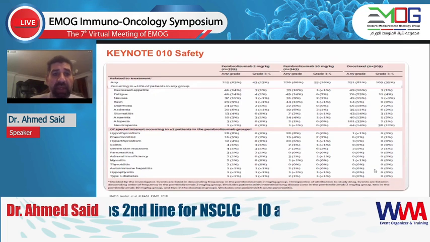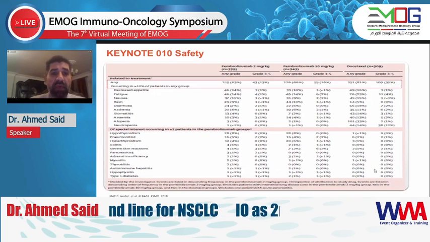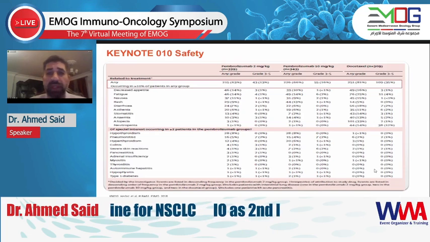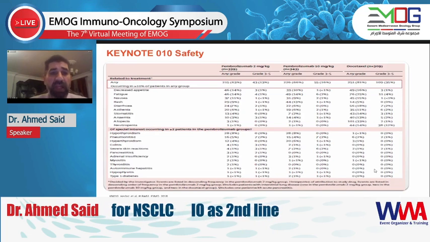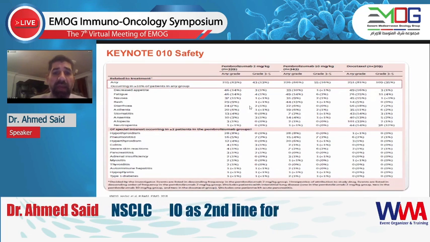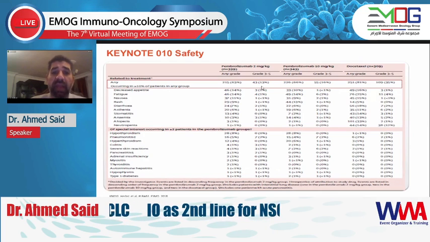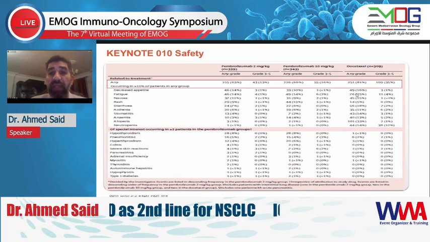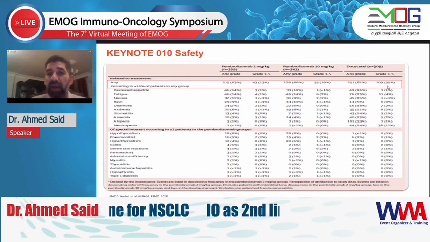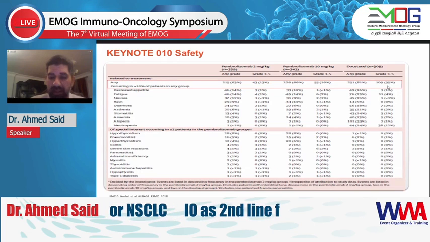And for the safety, it is consistent with what we find with immunotherapy versus conventional chemotherapy, with any grade toxicity of 63% and grade 3 to 5 of 13%, while in the docetaxel arm it was 81% any grade and 35% severe grade 3 to 5 toxicity.